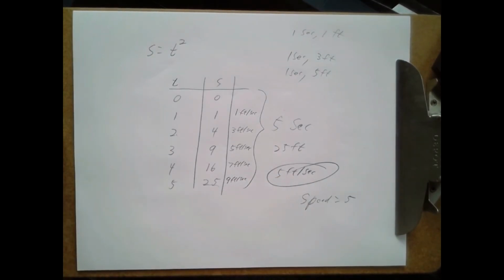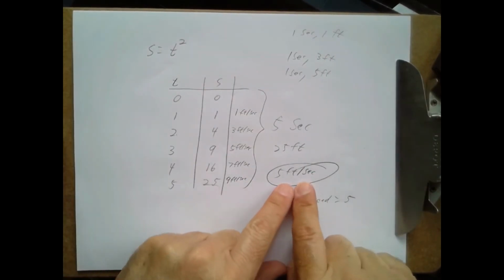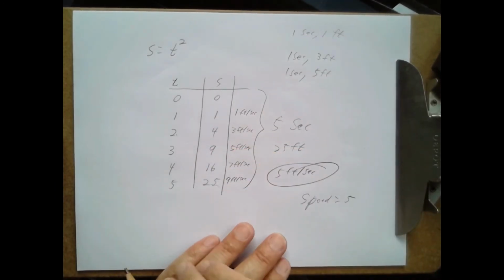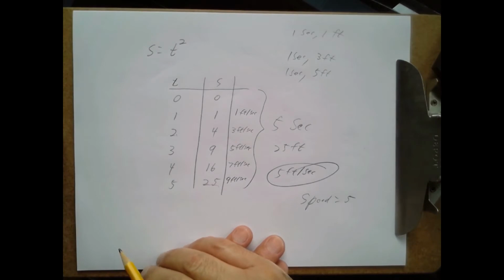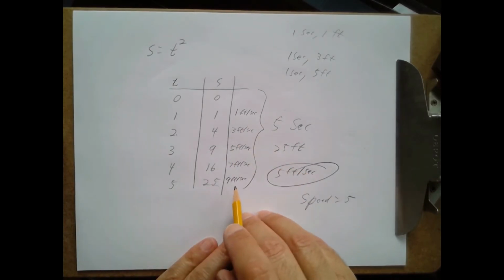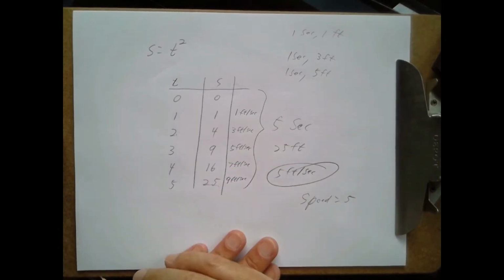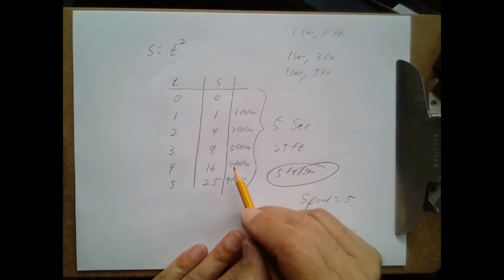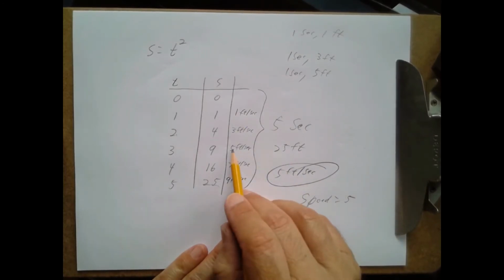So if we just took a snapshot at the beginning and the end, it looked like it was moving 5 feet per second. But if we take 5 snapshots, we see different speeds at each snapshot. First it was moving at 1 foot per second, and at the end it was moving at 9 feet per second. So what is the speed of this object? Well, if we look at these numbers, some of them are smaller than 5, some of them are bigger than 5, the one in the middle is 5.